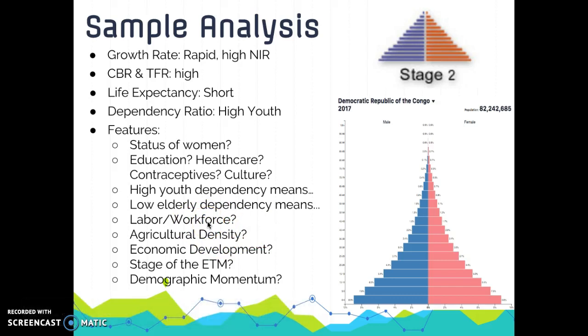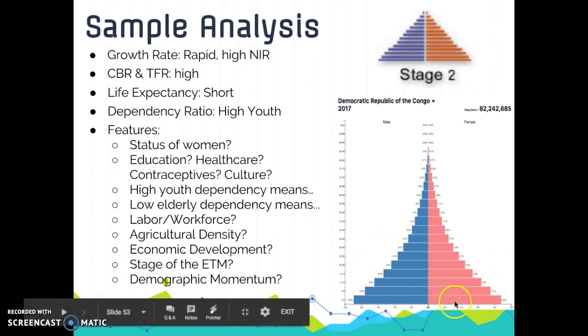Let's see, what else can I decide from looking at this? I can see that there's going to be a built-in labor force here for the future. So they're not going to face any labor shortages, but they may actually face rapid unemployment if the country's economy is not well developed. And then I can also tell that this population is going to continue to increase because of this built-in demographic momentum that I just talked to you about.